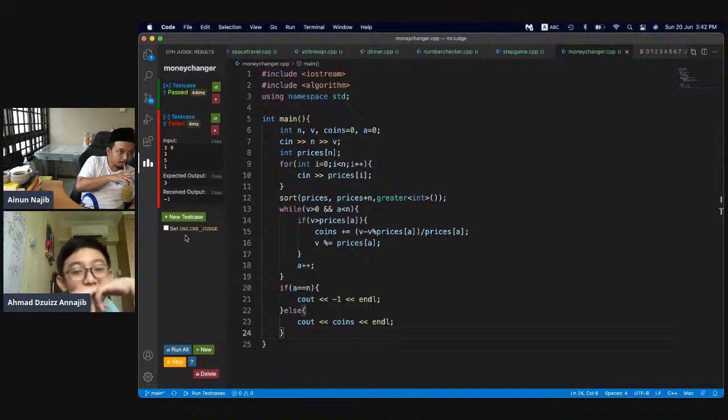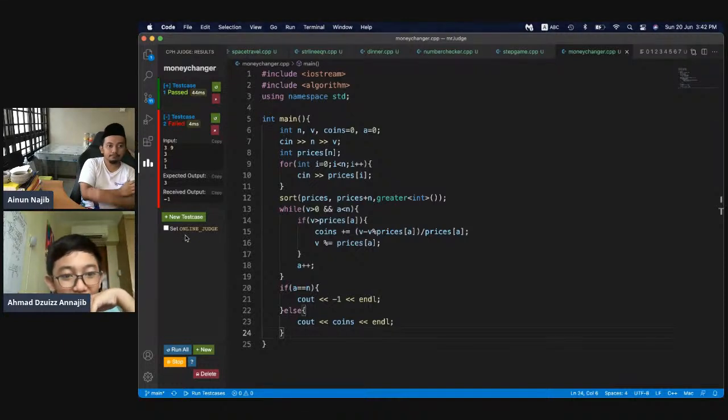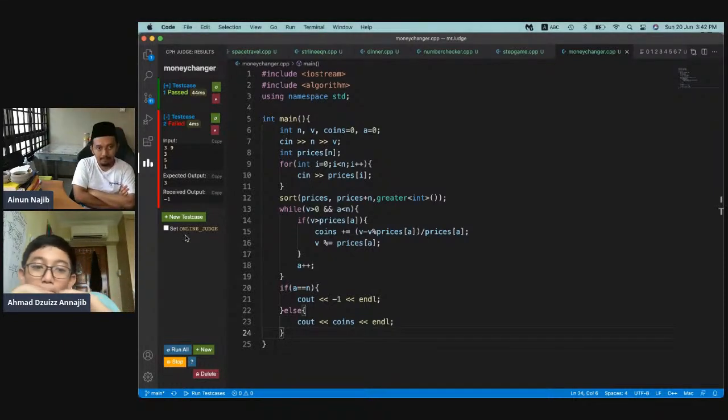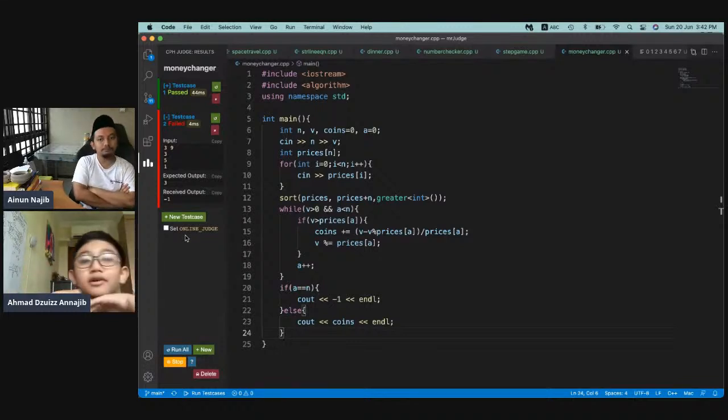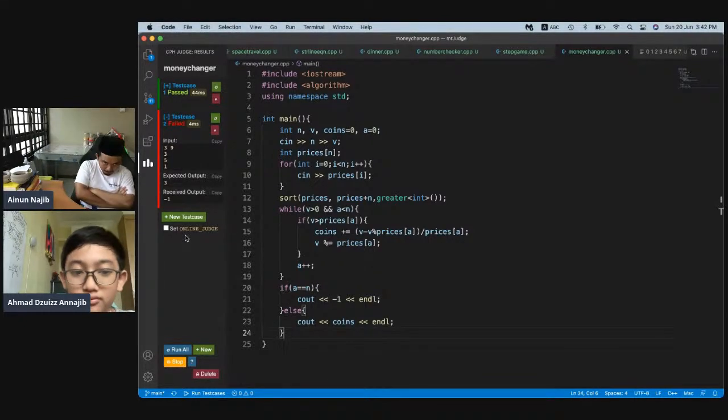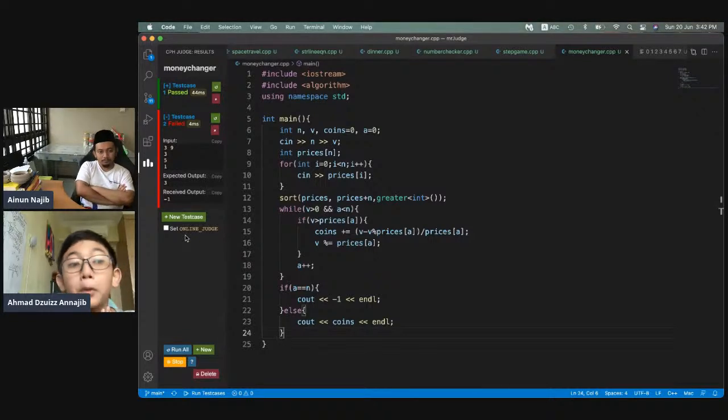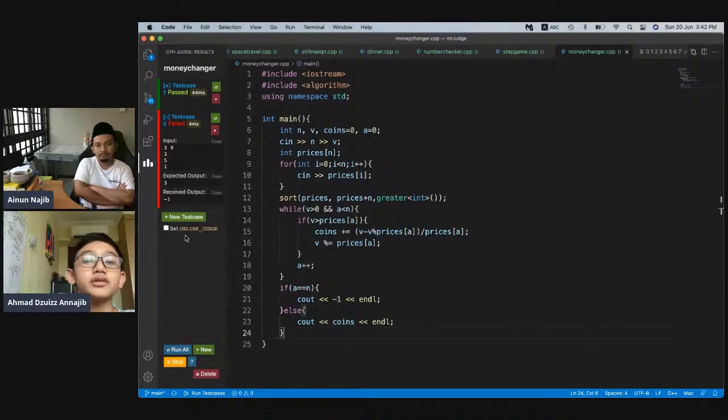And A is smaller than N. That's one out of the two bugs that you have. While if V greater than the prices of A, coins plus coins will equal to V minus 4.